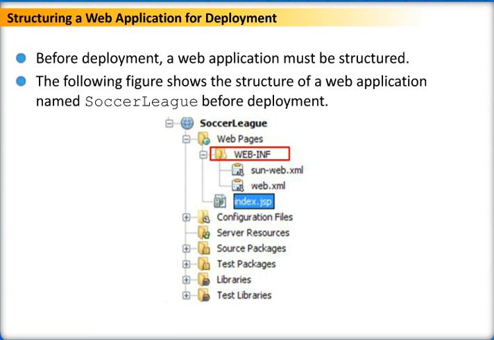The WEB-INF directory can contain the class files in the classes directory, the library files in the lib directory, and the web.xml file. The web.xml file is the deployment descriptor for the web application. This is an XML file that describes the servlet mappings, welcome files, and other components that make up the web application.